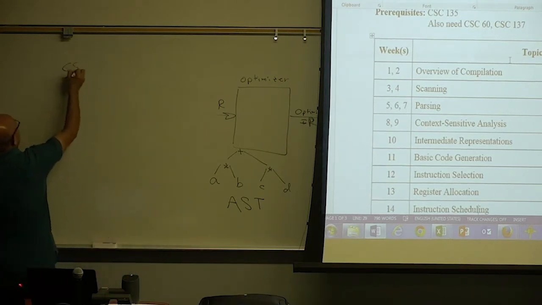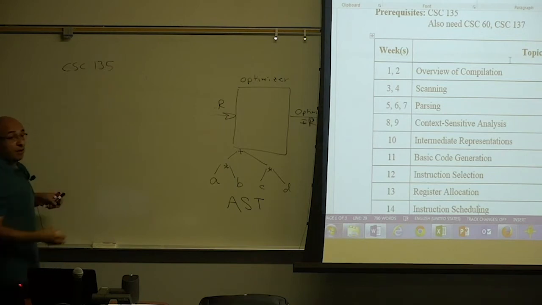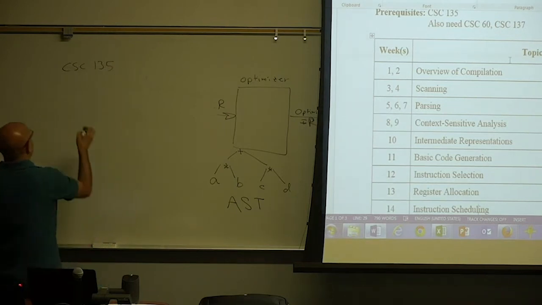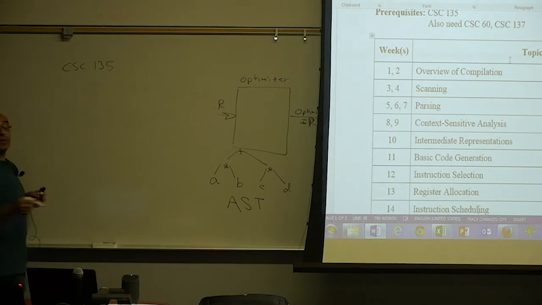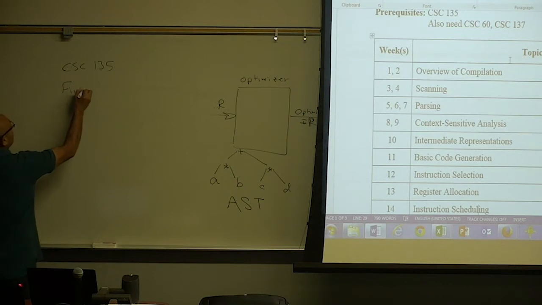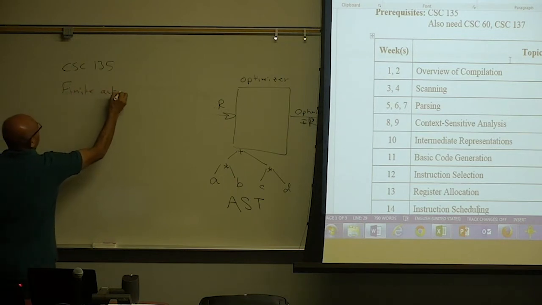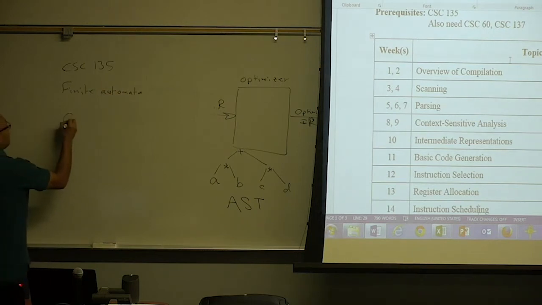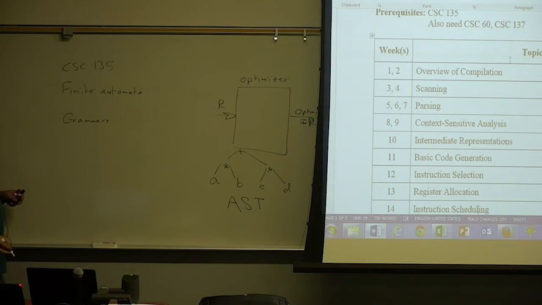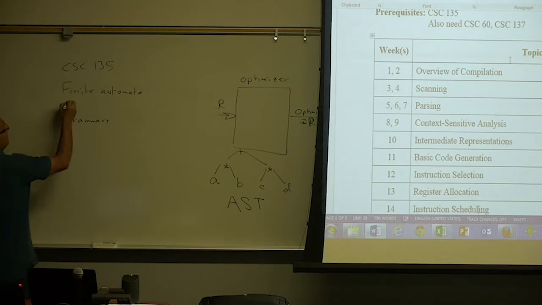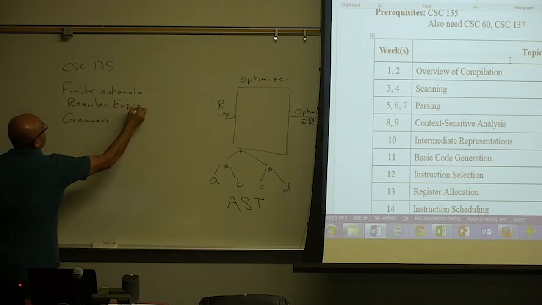So in CSC 135, which is theory of computation, what were the concepts that you did? Yeah, finite automata. Grammars. Okay, grammars. Yeah. And pushdown automata, and regular expressions. Yeah. So you need to know these.